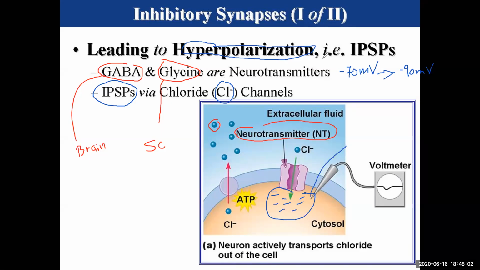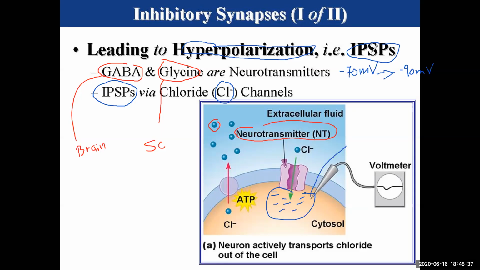That's called hyperpolarization, meaning that if that signal gets to the axon hillock, it will prevent the axon hillock from firing an action potential. Okay, let me repeat. If that IPSP gets to the axon hillock, most likely the axon hillock will not fire any action potential, because that IPSP will bring the resting membrane potential farther away from the threshold potential.